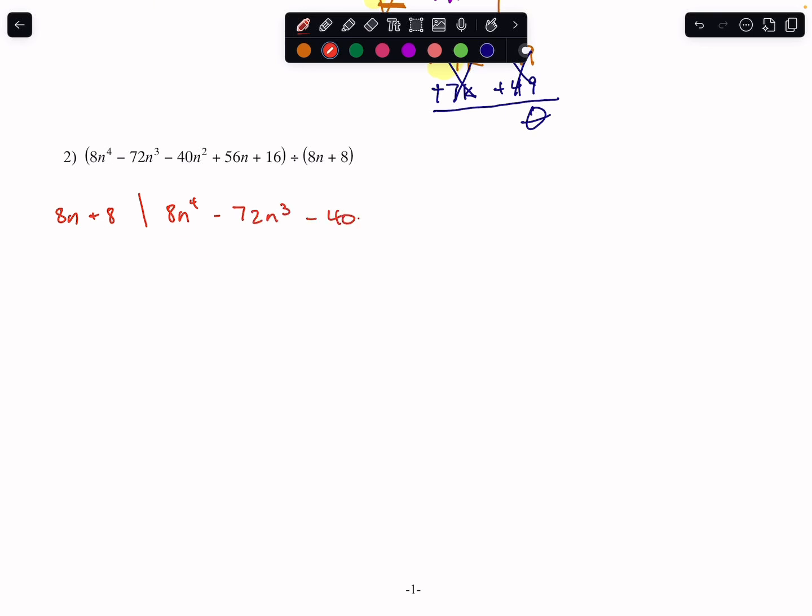All right. So now we got to figure out 8n times what gives us 8n to the fourth. That's just going to be n cubed. N cubed times 8n is going to be 8n to the fourth. N cubed times 8 is still 8n cubed.